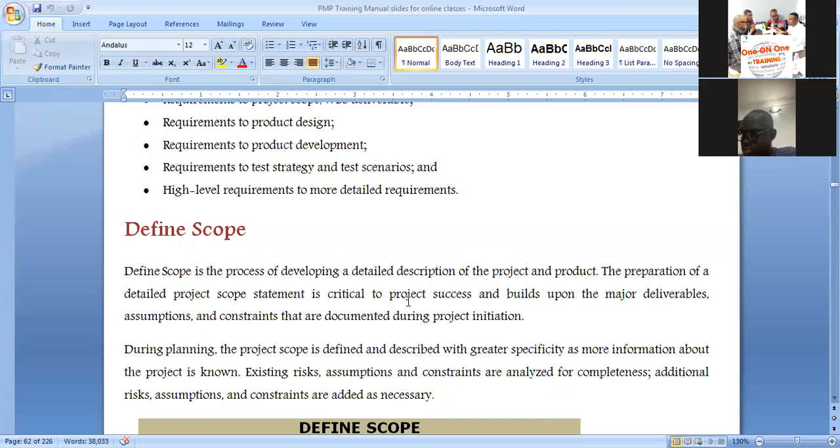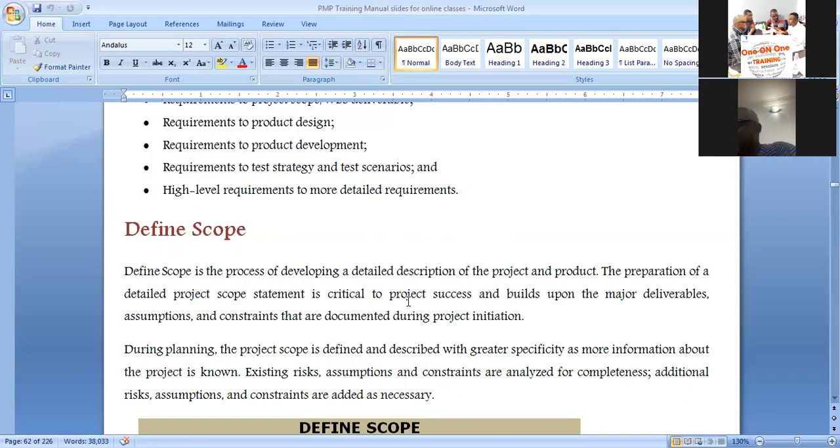And what is scope? Scope is you coming up with a detailed description of the project and the product. You see where your project scope and your product scope come into play.